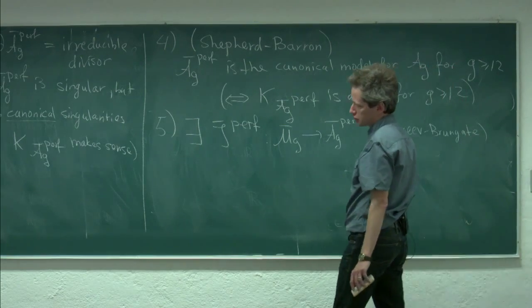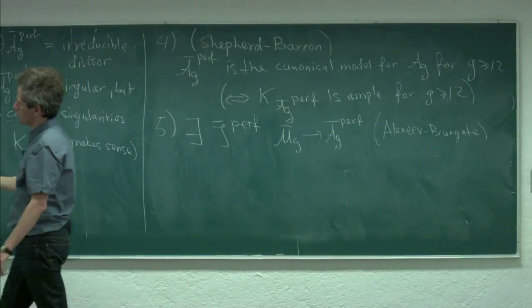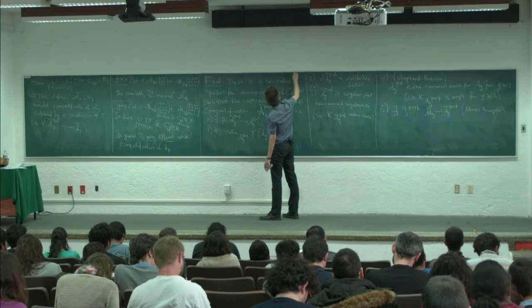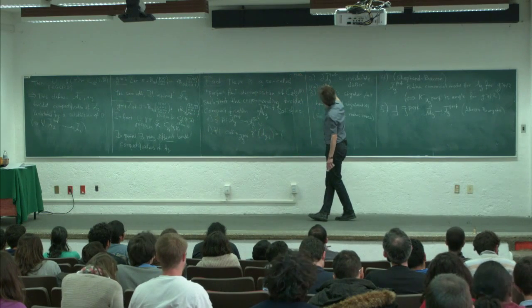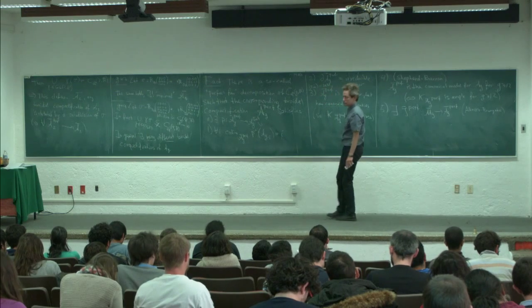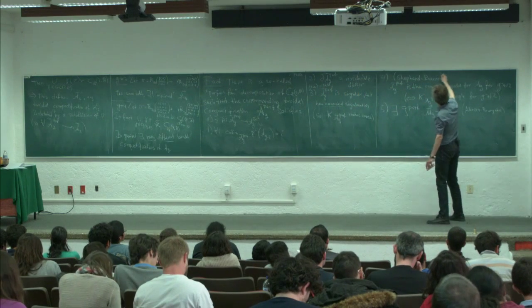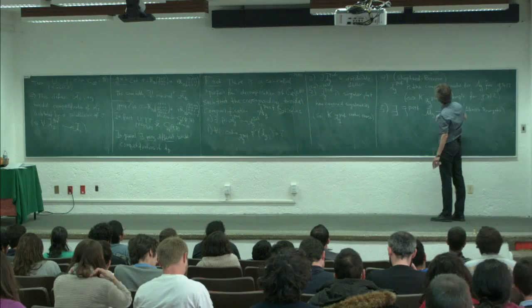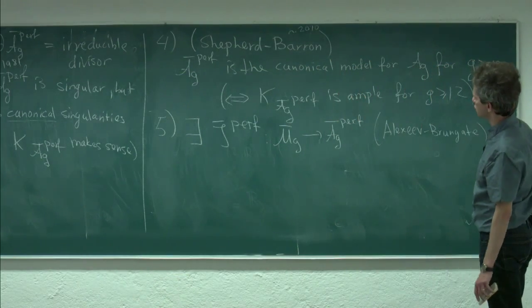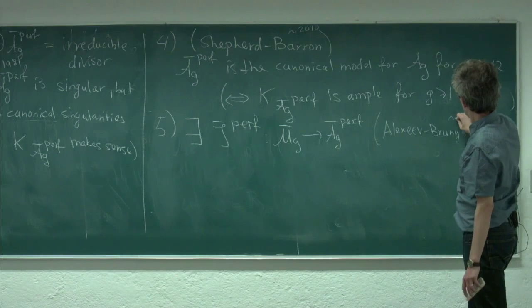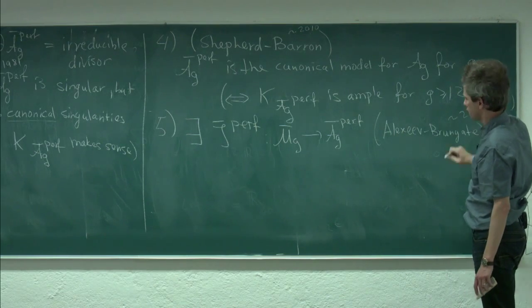And just to emphasize how difficult these things are, the compactification was constructed in the 1970s essentially. Tye proved that the singularities are canonical in 1981. Shepard-Barron's result is around 2010 or so, depending on whether you count the publication date or the archive date, and it's about 2015.